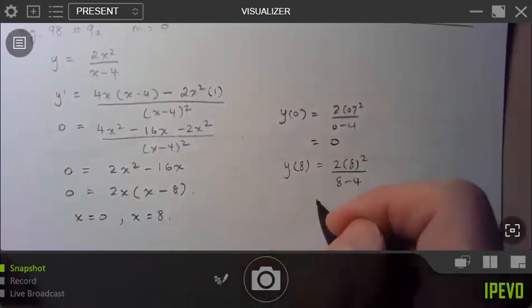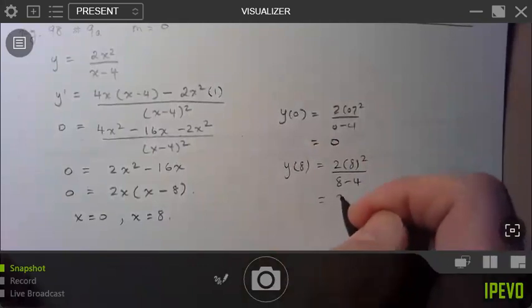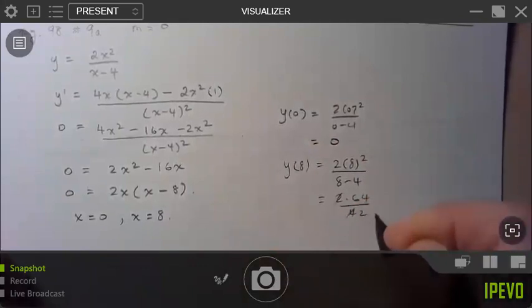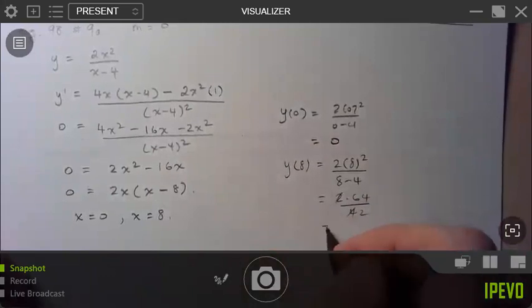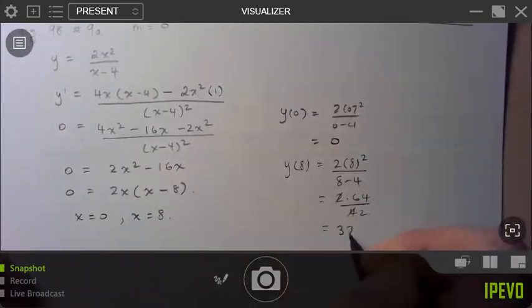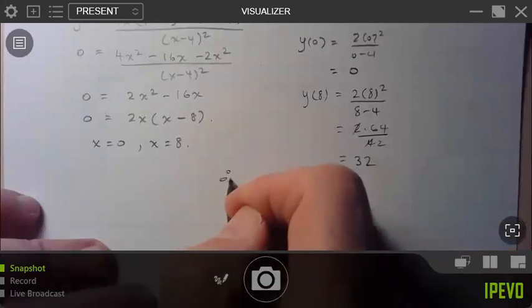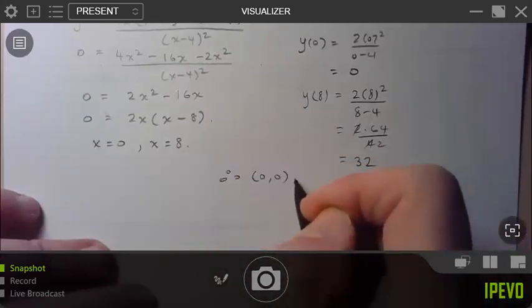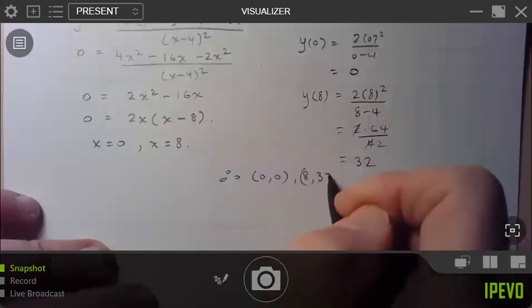So here, what do we have? We have 2 times 64 over 4. So I'll cancel that out. And 64 over 2 looks like it's going to be 32. So my answers are (0, 0) and (8, 32).